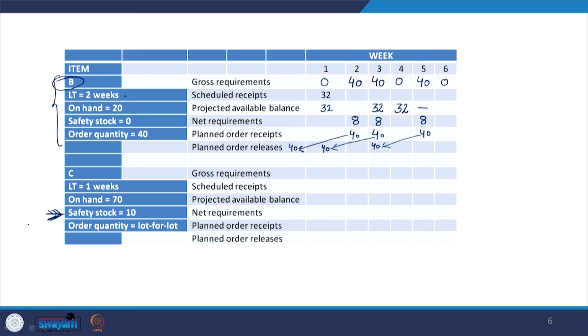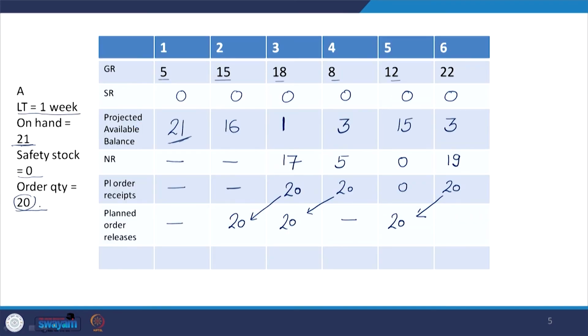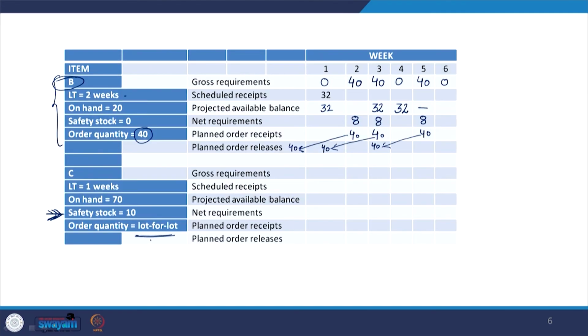So, here we are going to use the lot for lot sizing technique. Here we have the fixed quantities, here it was 40, here it was 20. These may be either because of economic order quantity or because of our resource constraints, but here we are going for LFL. Now, here you see the gross requirements.